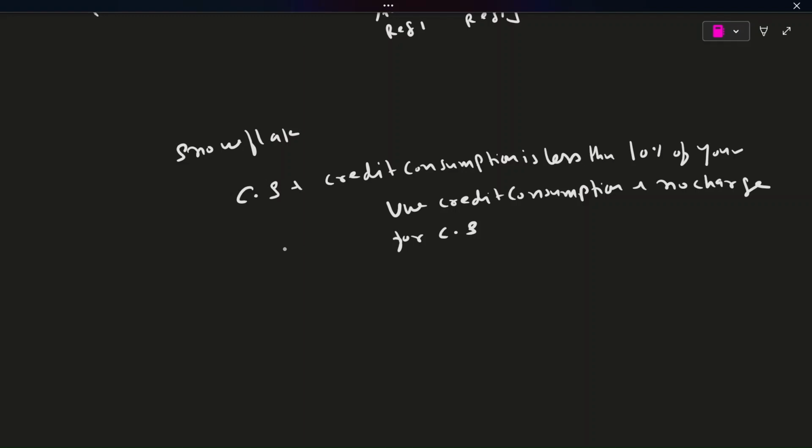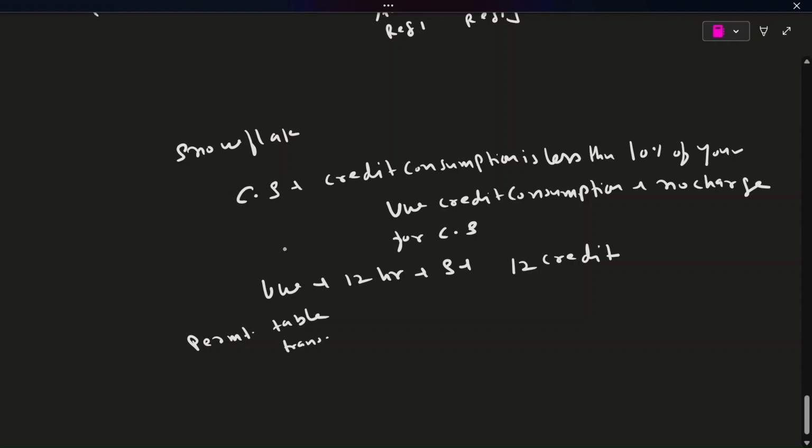Let's take an example. Let's say you ran one single small virtual warehouse for 12 hours, which means 12 credits you have consumed. So this is your virtual warehouse cost. Now let's say you have normal tables, some permanent tables, some transient tables and some temporary tables.